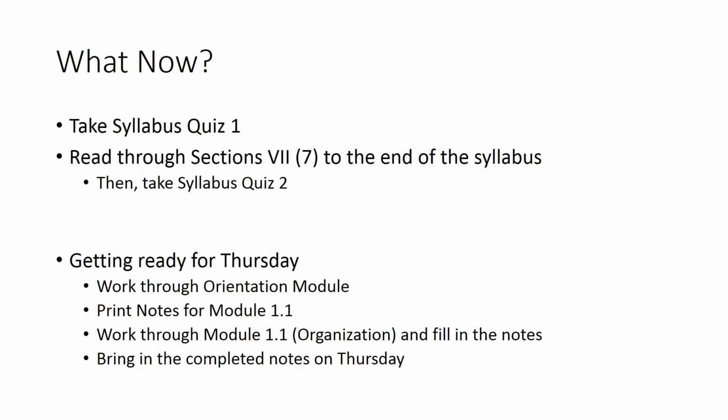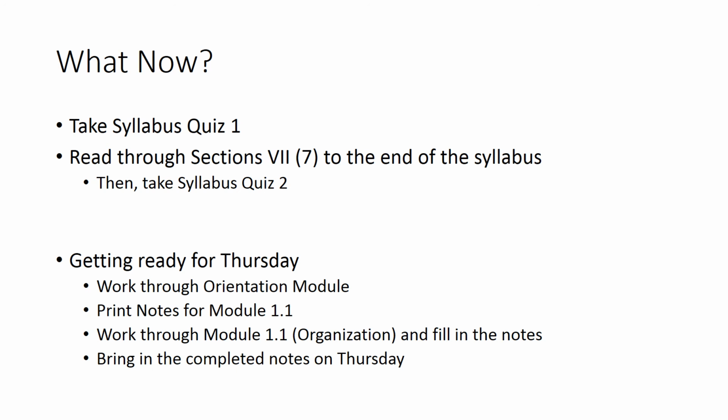That's it for this presentation. We have covered the first major chunk of the syllabus, all the way through grades. What I would like you to do now is read back over that syllabus, send me any questions that you have, and then you're going to want to take the syllabus quiz number 1.